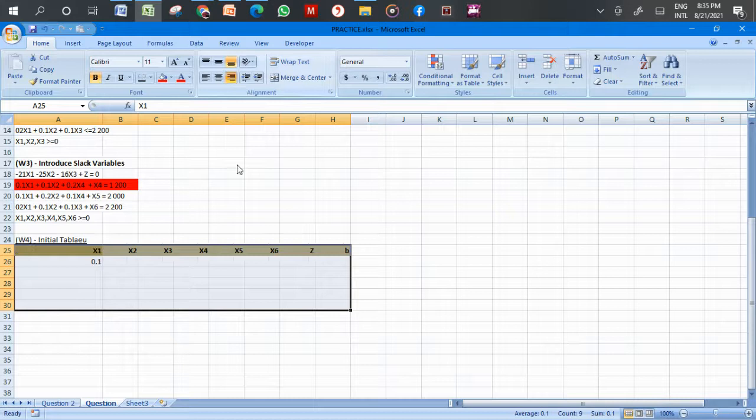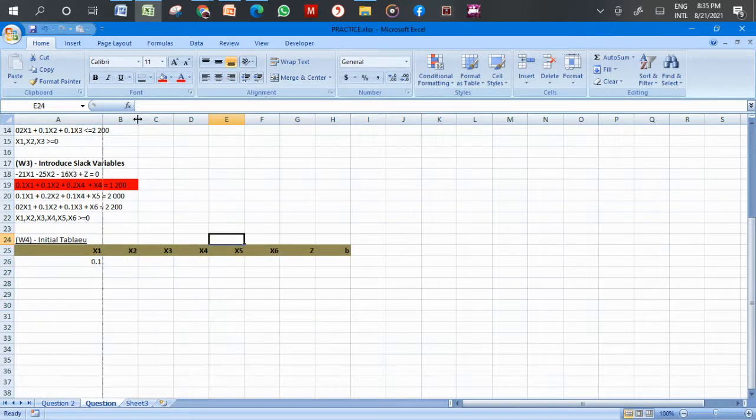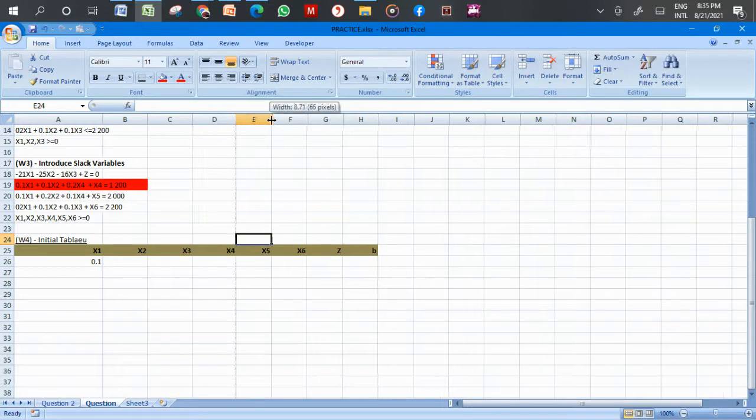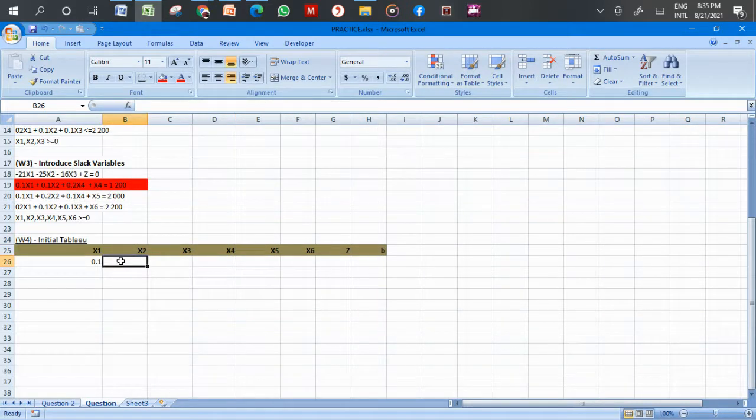Let me do some formatting here before I continue. Okay, so the coefficient of x2 on that same equation is again 0.1, then 0.2 for x3, then for x4 we have 1.